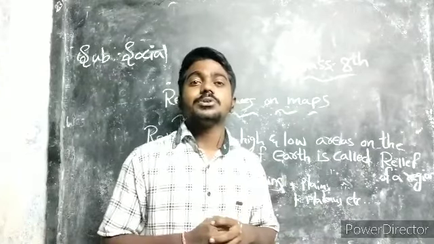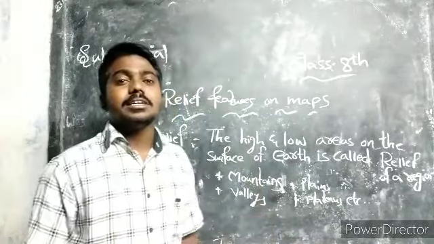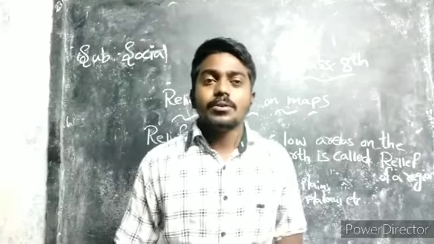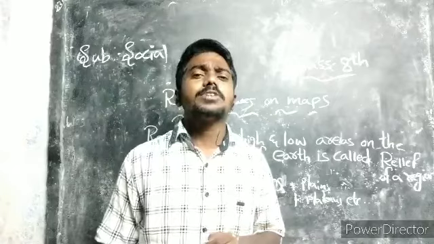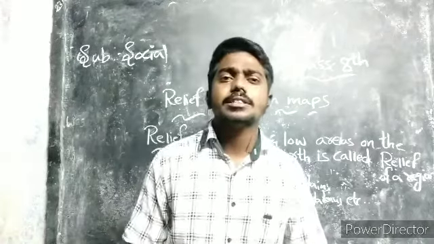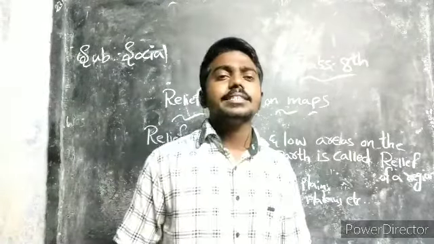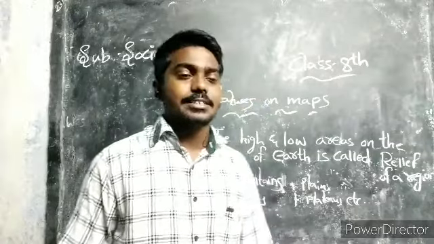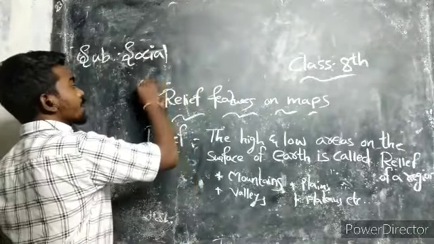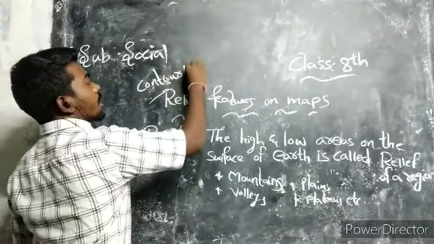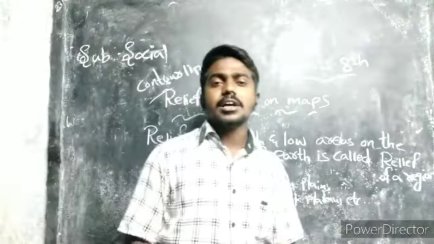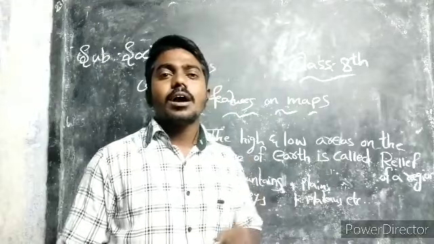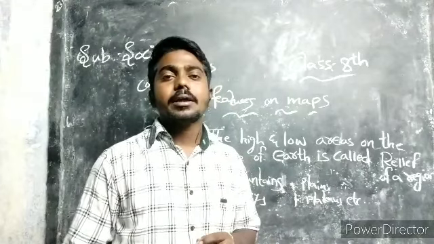Then our geographers, our map makers, found one solution for the problem. They found how we can show the heights of different places in the world. We use the contour lines. Using the contour lines, we can show heights in a map.